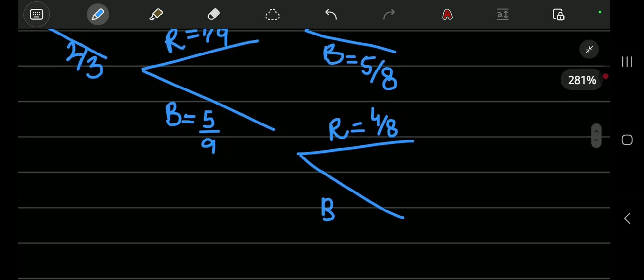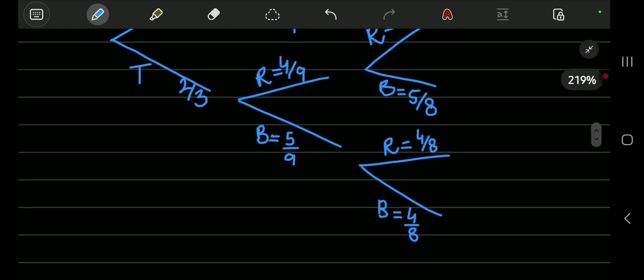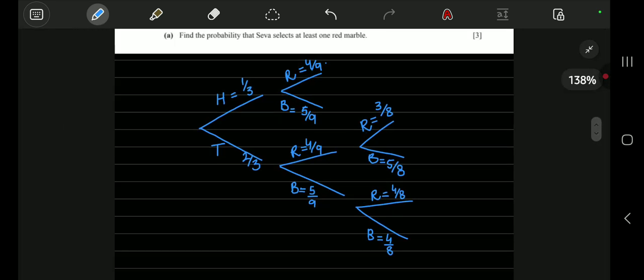Then for the blue one, if it has already taken 5, so one less from the 5, that is 4, and one less from the total, so 4 over 8. So these are the probabilities for each happening. Okay, now we are going to understand this in a better way.